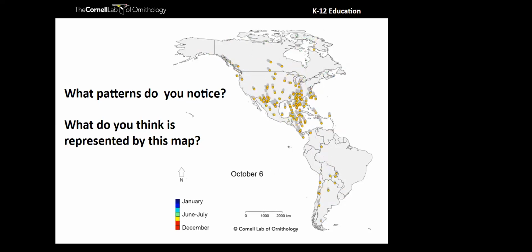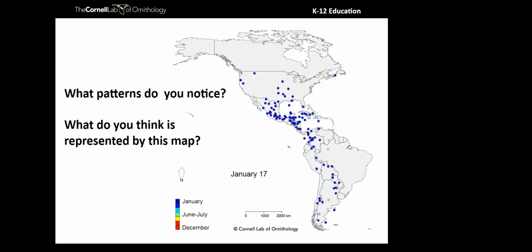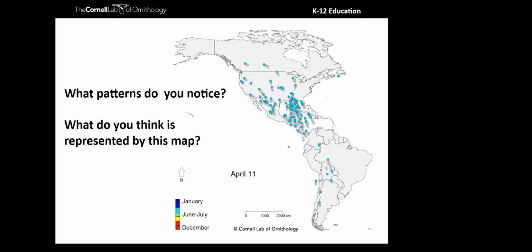A dot might show up in Costa Rica, for example, in the winter now. And that bird's range might stretch all the way up into Mexico and into northern South America, for example. But that's kind of the midpoint of the range of that bird throughout the year.